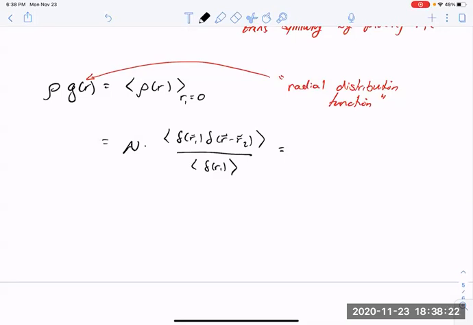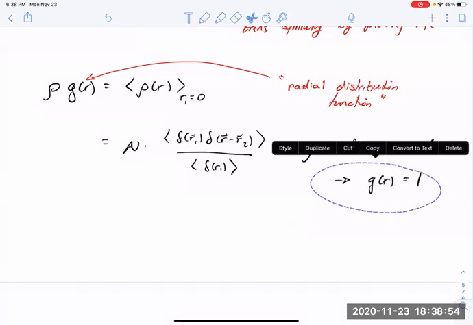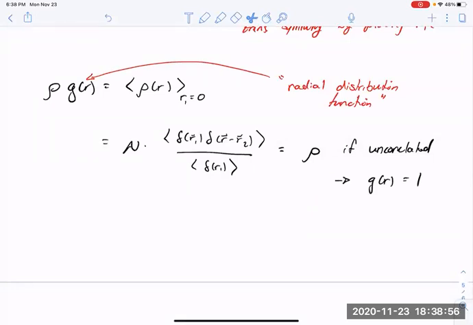The first term in the numerator would cancel out the denominator. I would get then n times the average of the delta function r minus r2. That delta function gives me back 1 over v, and a factor of n would just give me rho. Implying that if the system is uncorrelated, this G of R equals 1. So to the extent it is not 1, we are learning about the correlations in a fluid.